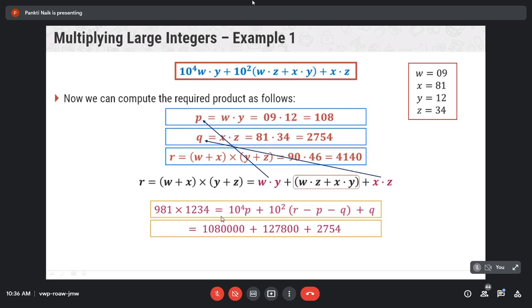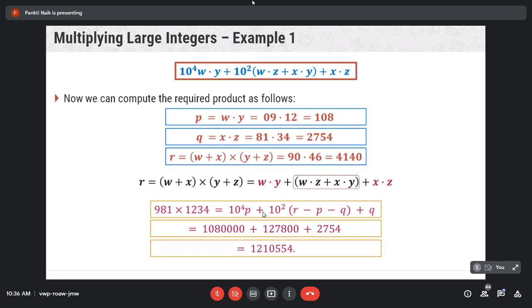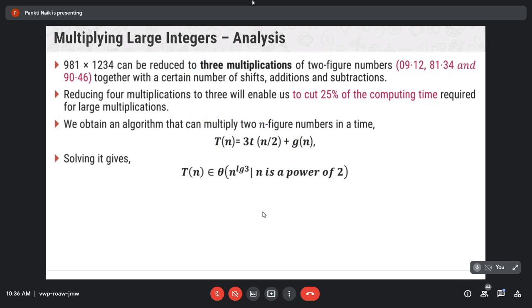Here we reduce the multiplication and require only one multiplication in this equation, and get the same answer for those two large numbers. So this is the analysis of multiplication of large numbers.